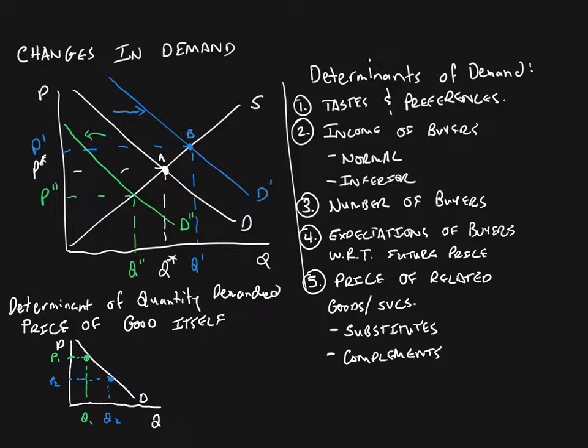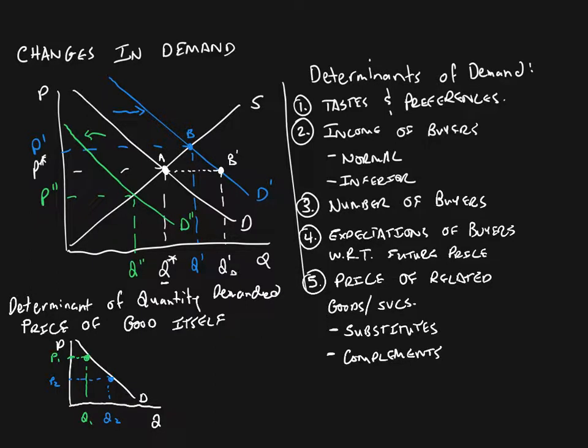The price is P star, and as demand increases, buyers now want to buy more. So at that price P star, now buyers want to buy this. So we'll call this B prime. So at this old price, sellers want to sell Q star, but buyers want to buy whatever this quantity is. We'll call it Q prime D, the quantity demanded by buyers.